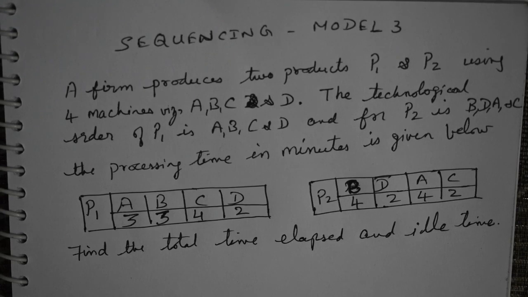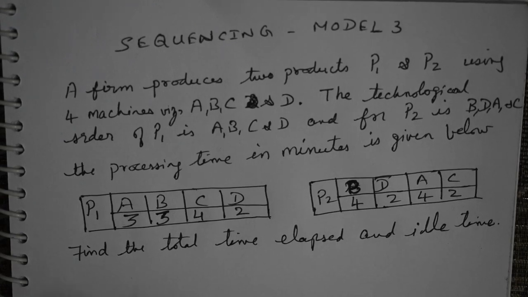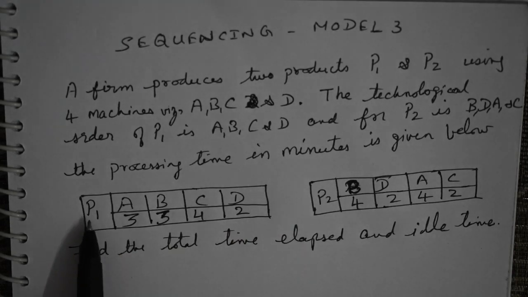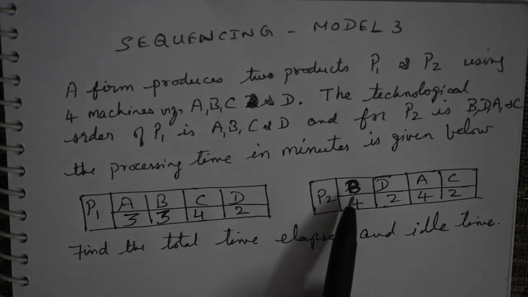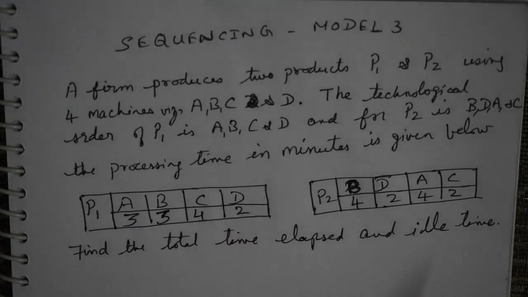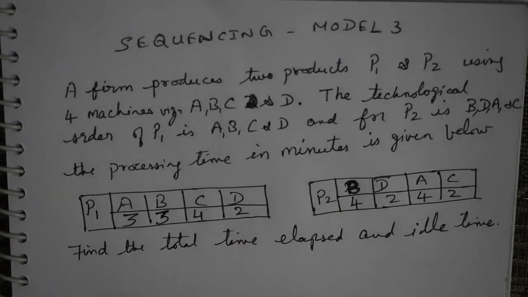This is a different model, so we cannot find the sequencing using the box technique. Rather, we can start both the jobs simultaneously, because for P1 the first machine is A and for P2 the first machine is B. So we can start both the jobs simultaneously, unlike the previous model where you can start only one job because the machine order is the same.